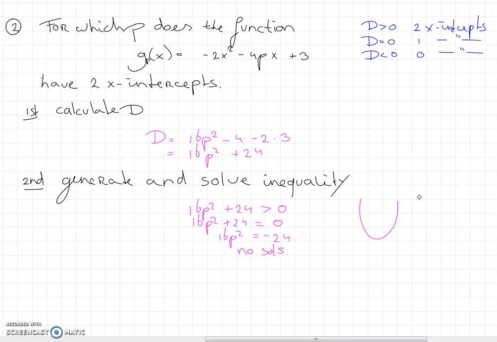Also, it has no solutions with d is 0, so there is a d is 0 line somewhere over here, and there's a gap because there's no solutions. So that means that for any p, d is larger than 0, because the graph of d is above d is 0. So d is larger than 0 for all p.